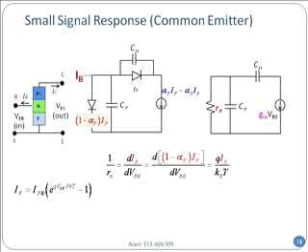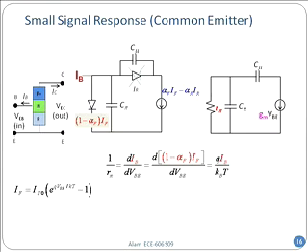So if I take a derivative, then do you see that IB is essentially 1 minus alpha F multiplied by IF? Because I don't have that diode. So any current that is flowing in through the diode itself, right? So therefore, that's my base current. So I have 1 minus alpha F multiplied by IF. Now, if you take a derivative of IF with respect to VBE, look at the expression on the very left.